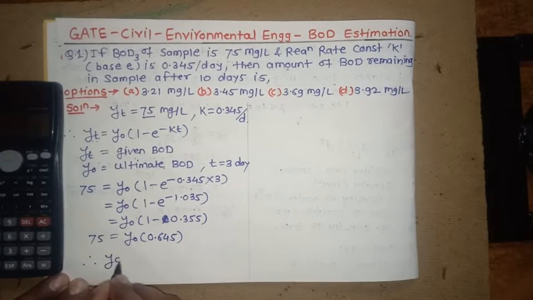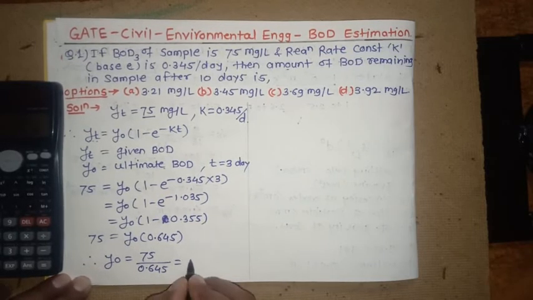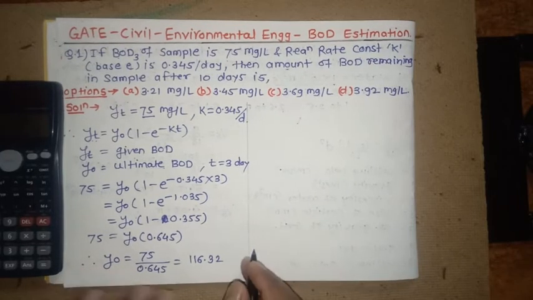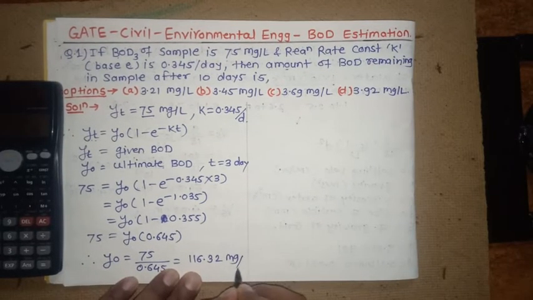Therefore Y naught will be 75 upon 0.645, that is near about 116.32. Okay, so it is the ultimate BOD in mg per liter.